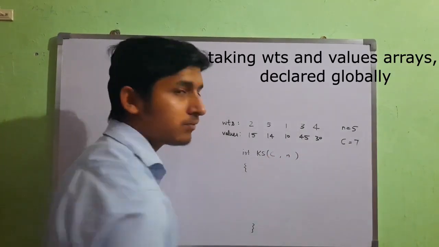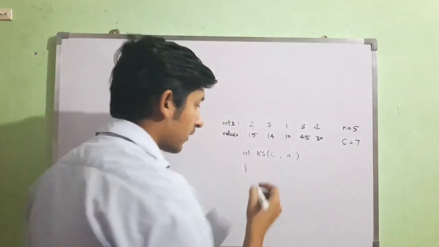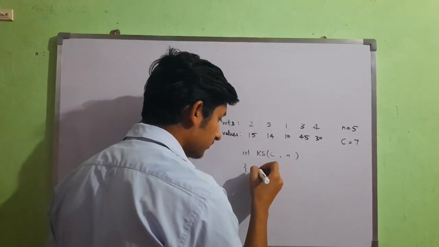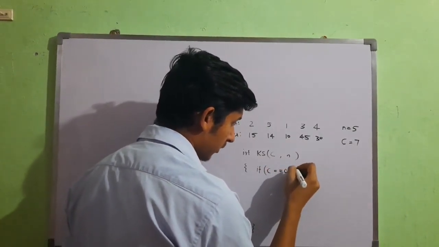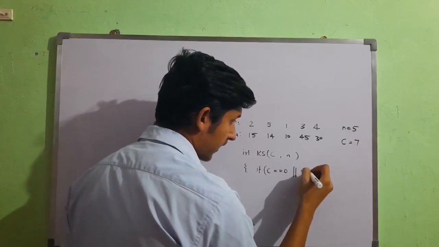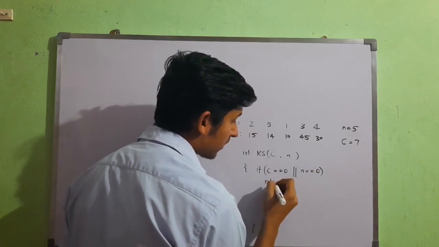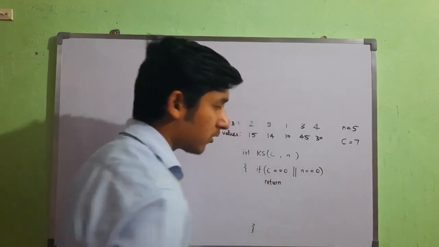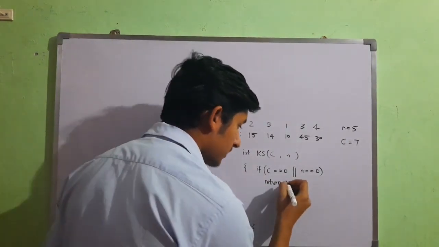So this function takes these two parameters and has base cases. The first base case is if carrying capacity is 0 or the number of articles is 0, then I cannot take any profit because I cannot carry anything, or there is no article, so return 0.